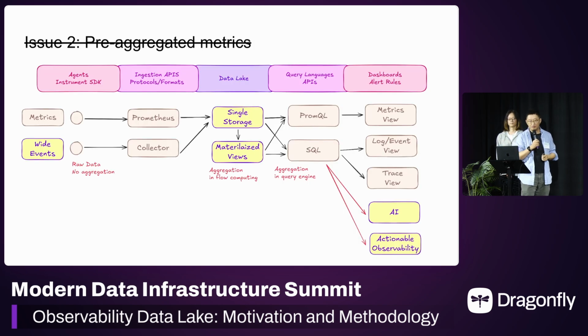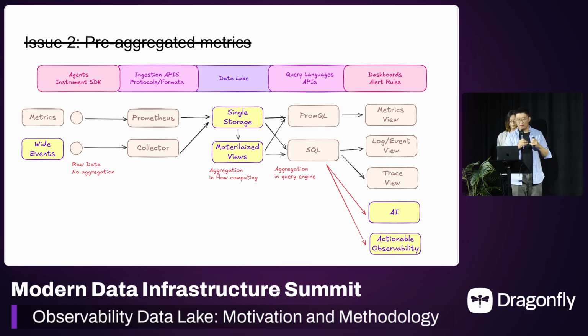Second, the pre-aggregated issue is also addressed, because we no longer do aggregation at the data source. All the aggregation will happen in the data lake. It can either be the query engine, where we can use SQL to aggregate data. We can also use materialized views, the in-database flow engine, a streaming engine, to do some speed up.